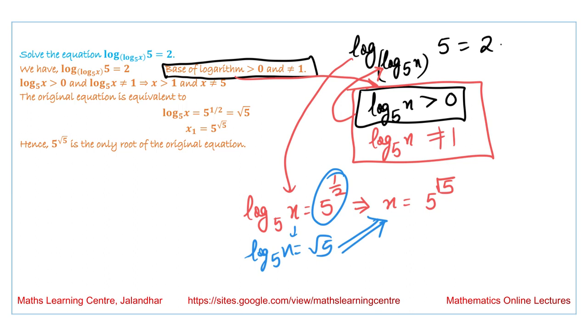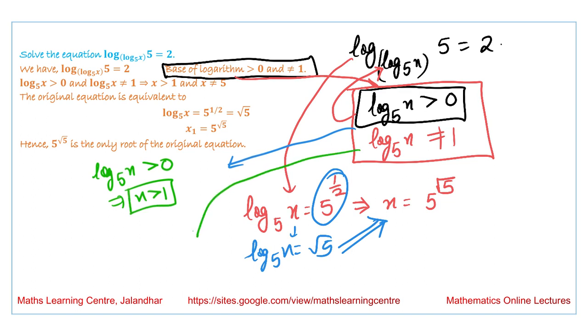And from these conditions, from the first condition we are saying log 5x is greater than 0. This implies that x is greater than 1. And the second condition is log 5x is not equal to 1. This implies that x is not equal to 5.